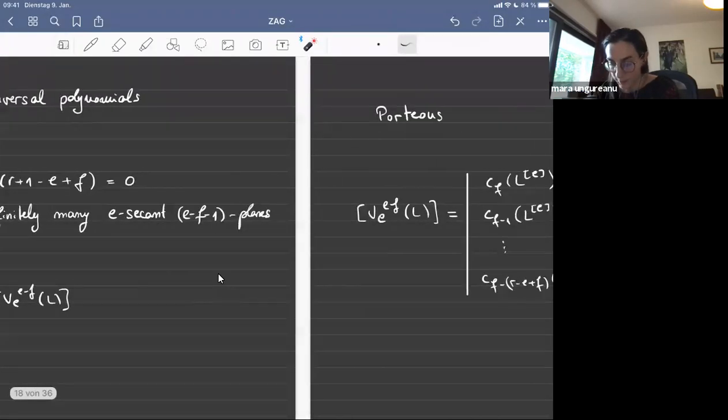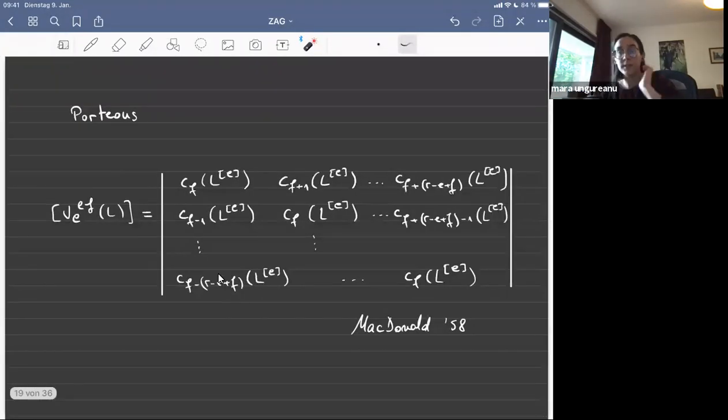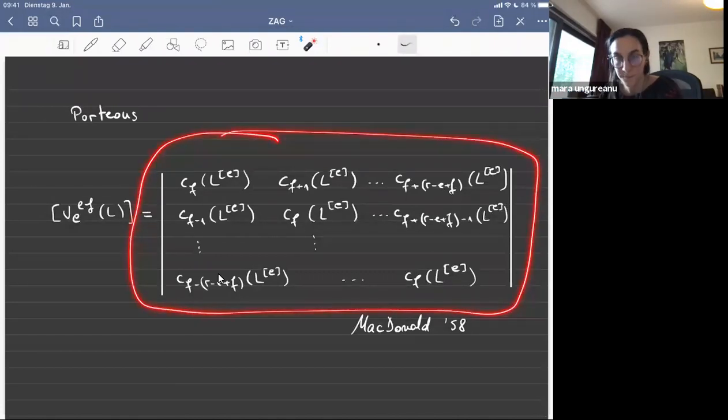Okay, and how do you do that? Well, another good thing about our construction of the secant variety as a degeneracy locus is that you get for free its fundamental class. So there is a formula by Porteous that tells you that this class is going to be given by this ugly looking determinant here.